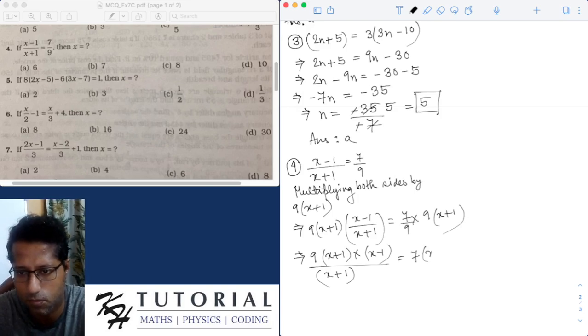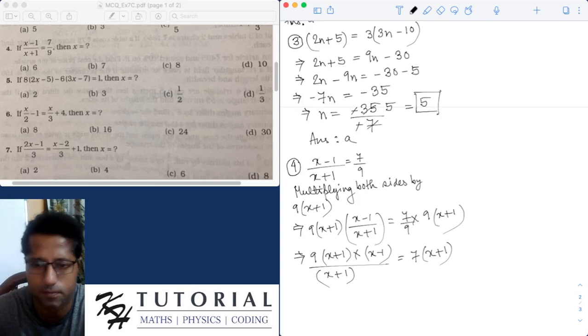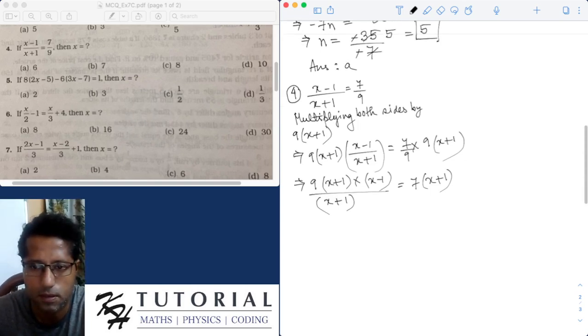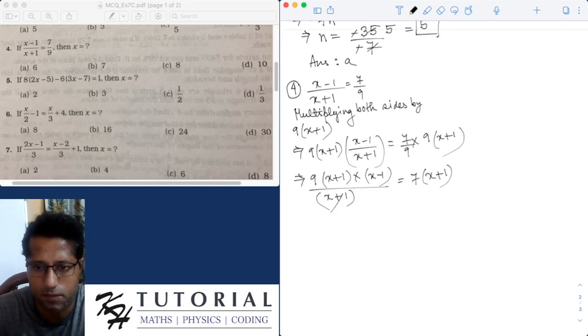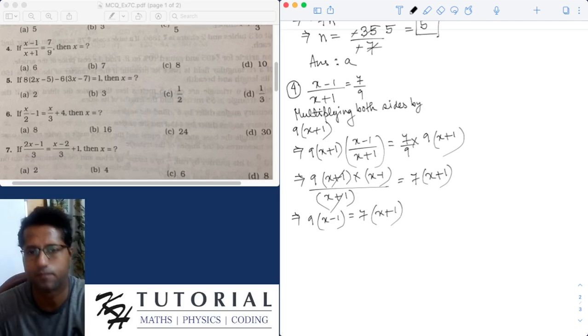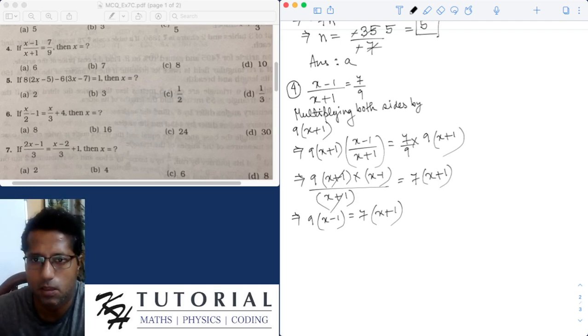This is 7 into x plus 1. From here also x plus 1 cancels out, so we get 9 into x minus 1 equals 7 into x plus 1.